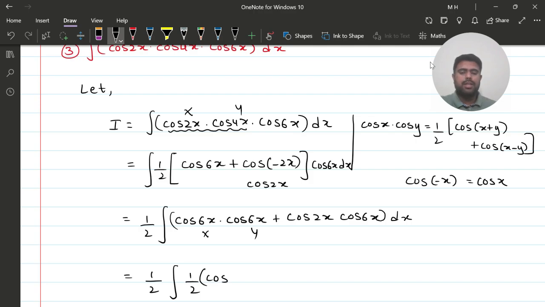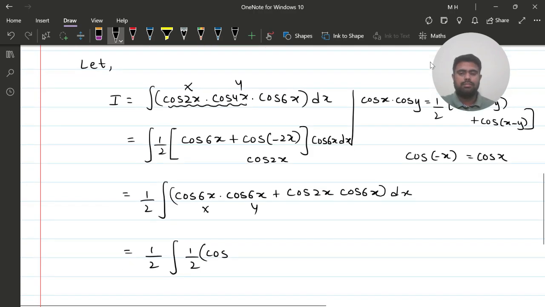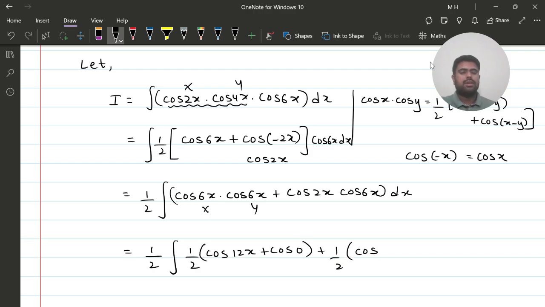It is 12x, plus cos of x minus y, that is cos 6x minus 6x is 0, plus half of, again, cos 2x plus 6x is 8x, plus cos of 2x minus 6x is minus 4x. Of course that really doesn't matter, it is 4x, right? dx. This is what you have.